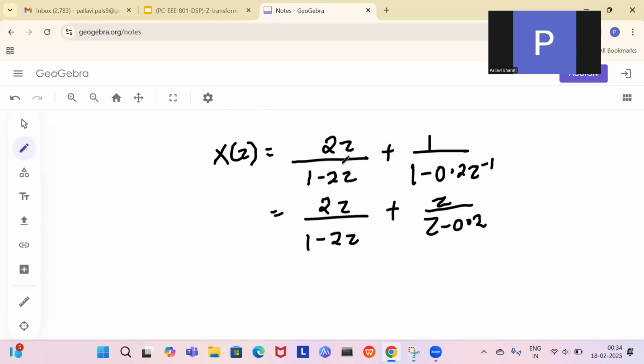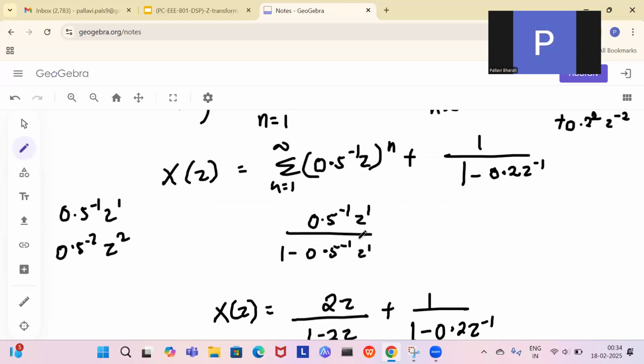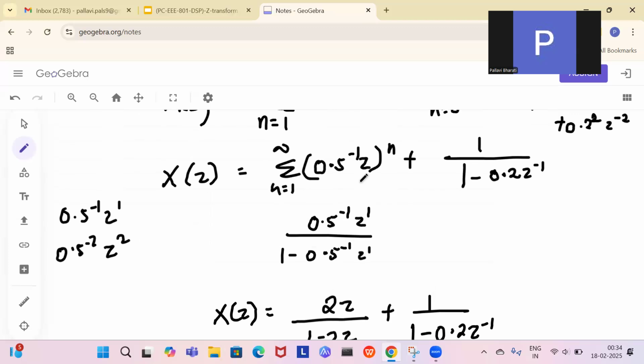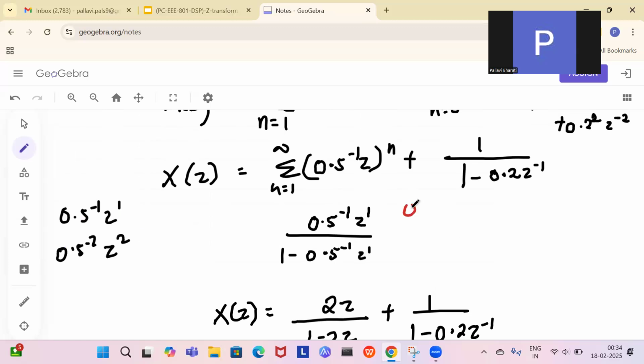Now, if you go for the ROC, you just have to see over here, in this format itself, for the ROC. I will do the ROC in a different color. So let's do it with the red color. So here you see 0.5 inverse z should be lesser than 1.